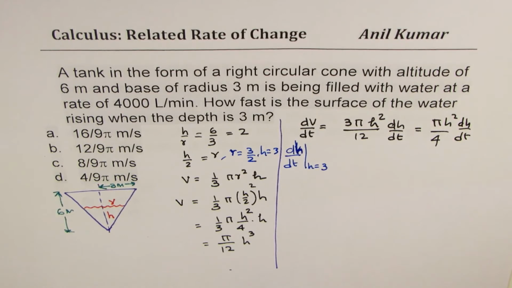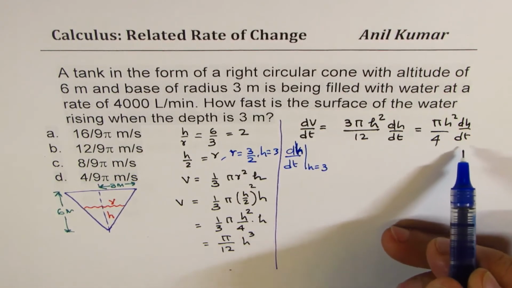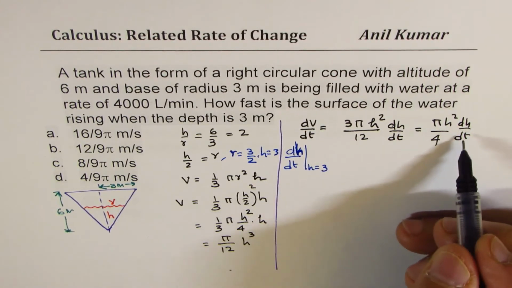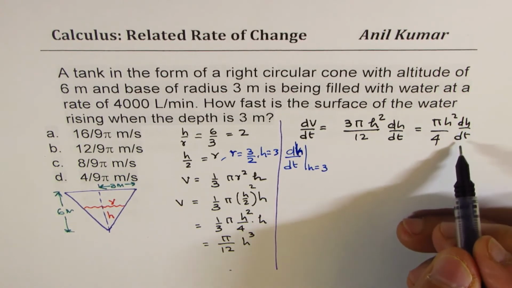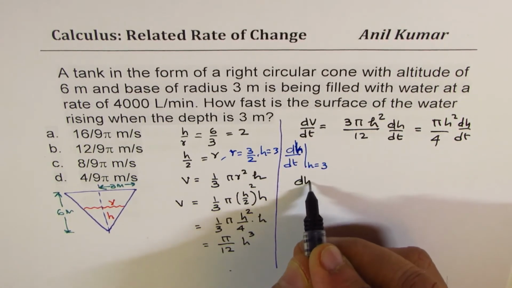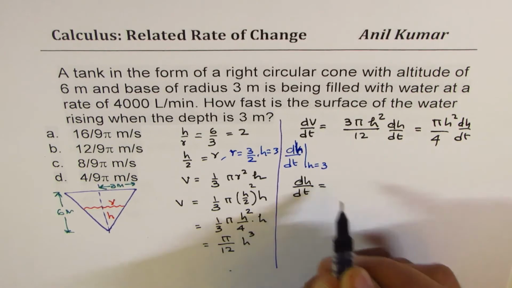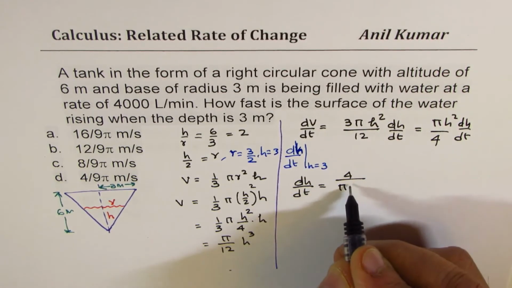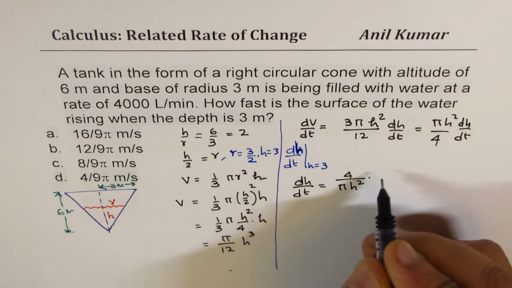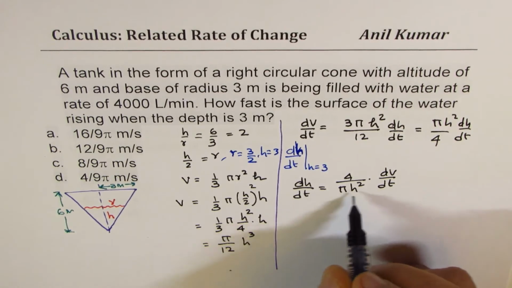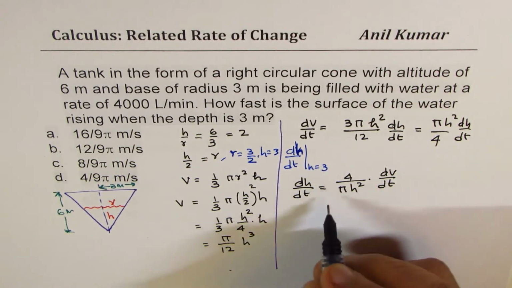In this formula we don't have radius, so we don't have to figure this out anyway. So let's rewrite this equation as dh/dt equals 4 over pi h squared times dV/dt. Now we can substitute 3 for h and find our answer.